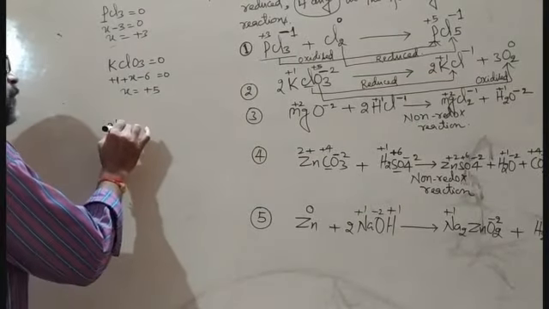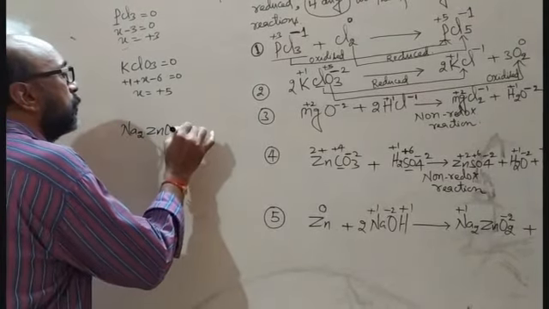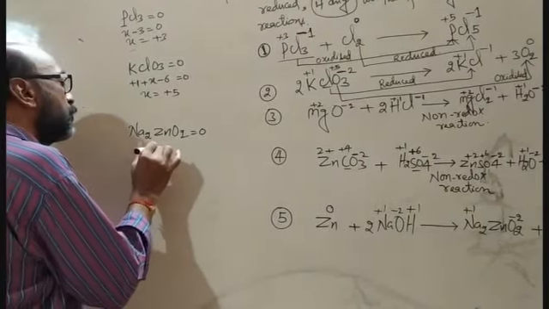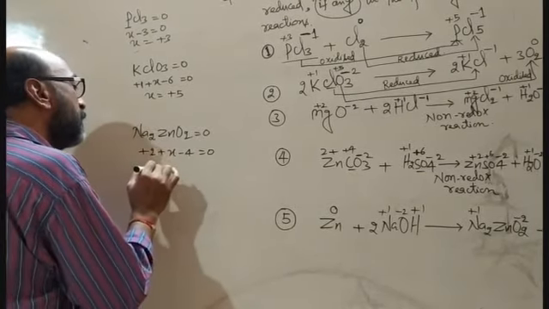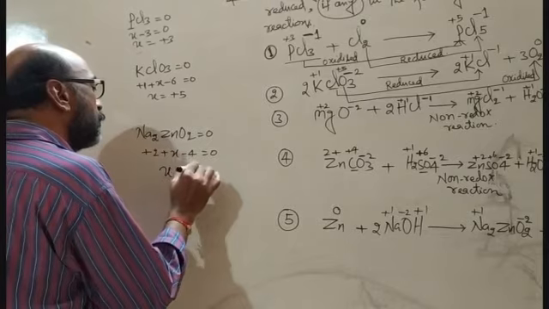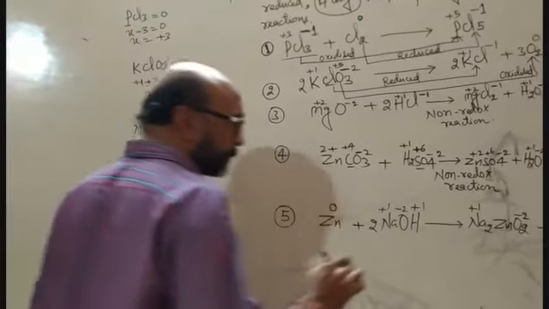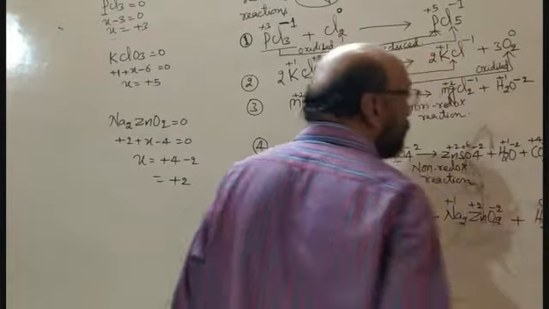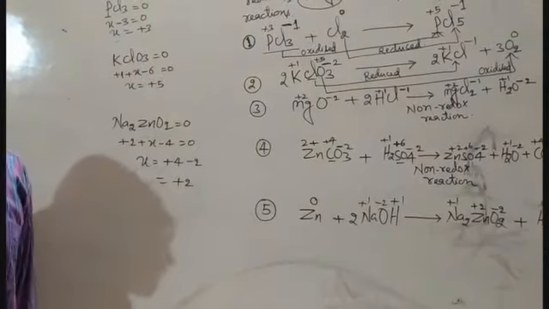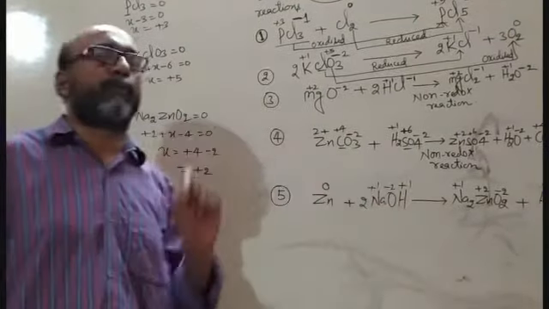And you can calculate like this: Na2ZnO2 is equal to 0, plus 2 plus x minus 4 is equal to 0. X is equal to plus 4 minus 2, that is plus 2. You will write here plus 2, and here hydrogen is in elemental state, therefore oxidation state of hydrogen is 0.